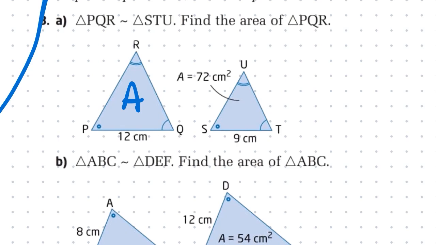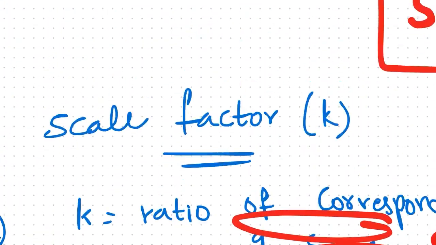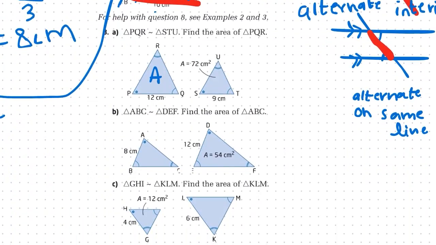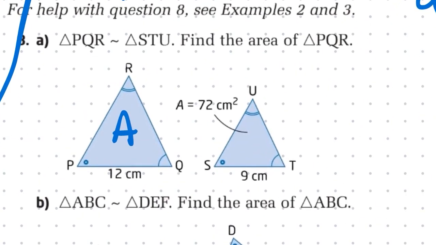See, similar triangles means scale factor formulas. There are 3 separate formulas for k. Which one do you think is appropriate among the 3? The k squared equals ratio of corresponding areas.